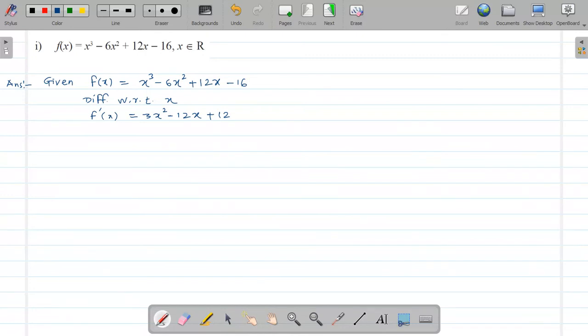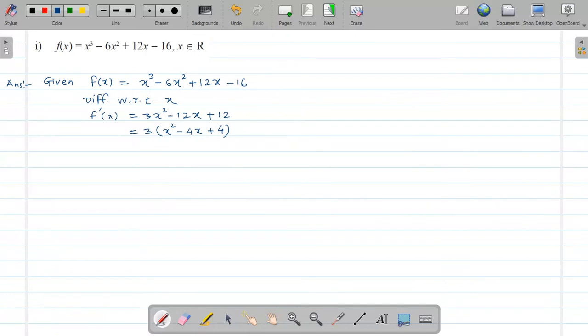Okay, so for that we will modify this first of all. This is a quadratic expression. Here you will get 3 common, so x square minus 4x plus 4. Now for every value of x, meaning if you put any real number here, then you will get f dash x either negative or positive, and depending on that we have to decide whether it is an increasing function or a decreasing function.